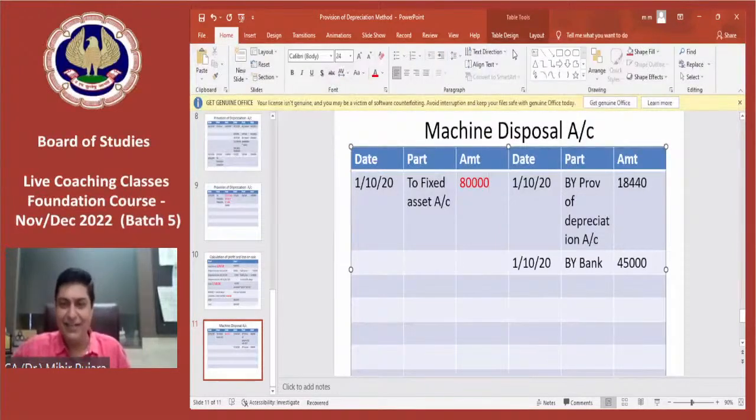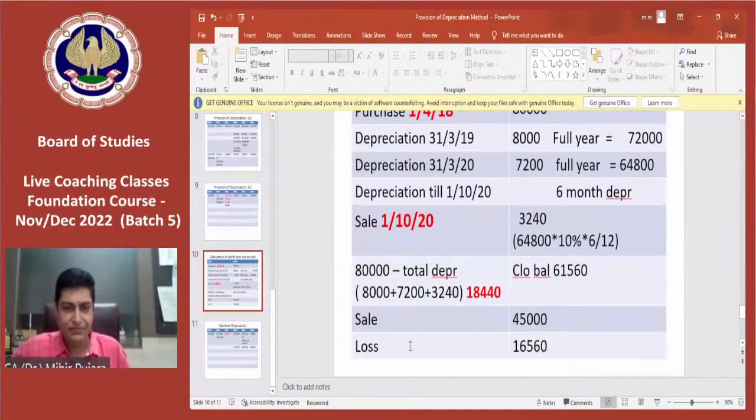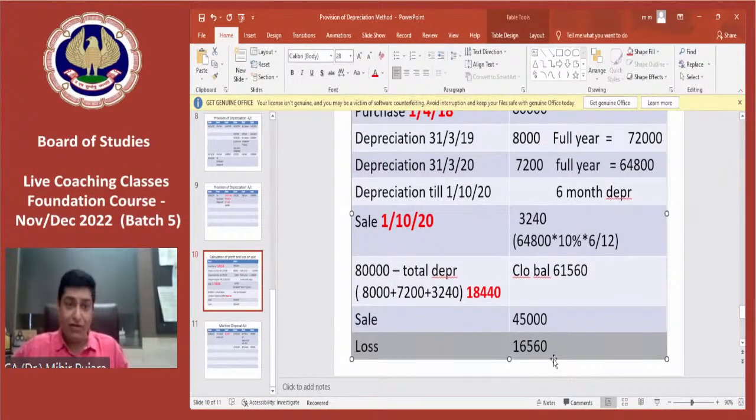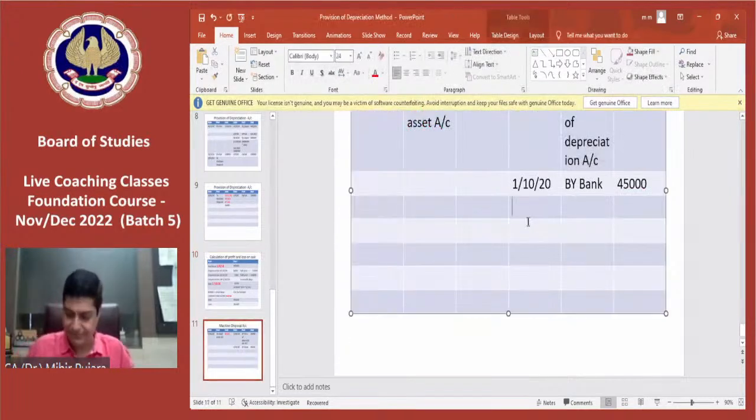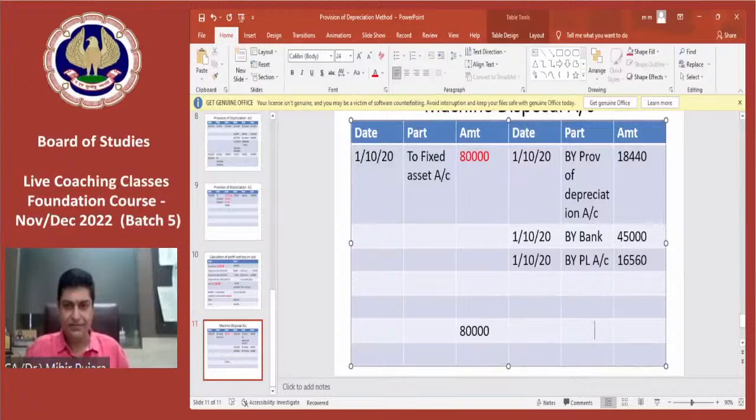In the working note we have already calculated the loss of 16,560. The same thing here, by P&L account. So this account tallies, guys.